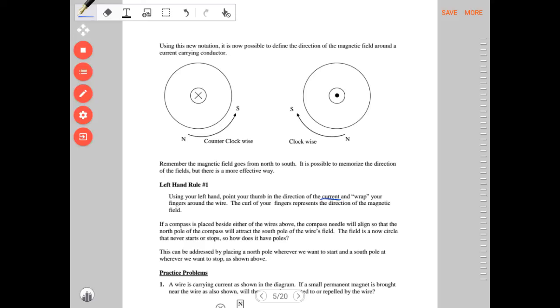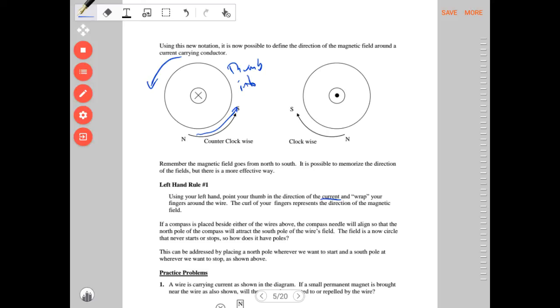Let's try that with our pictures up above. Using our left hand, our thumb would point into the page, and you can see how your fingers wrap around this way. The orientation of my fingers kind of goes like this, but that's still counterclockwise.